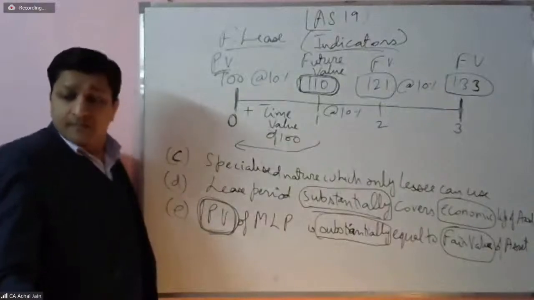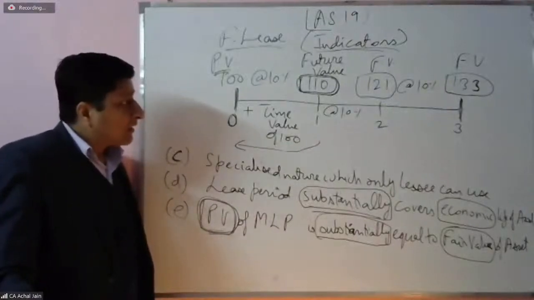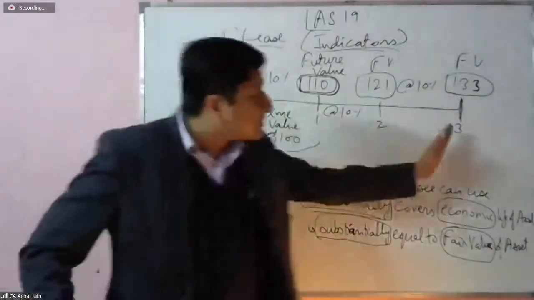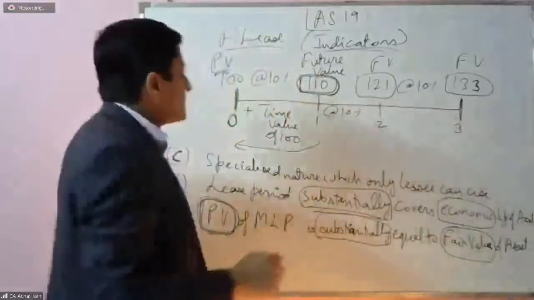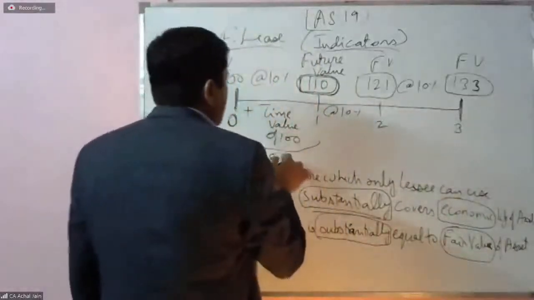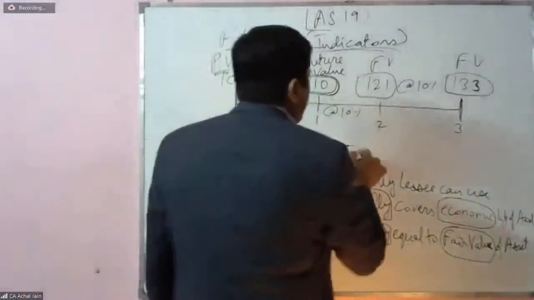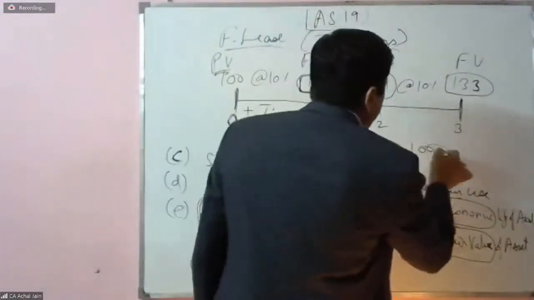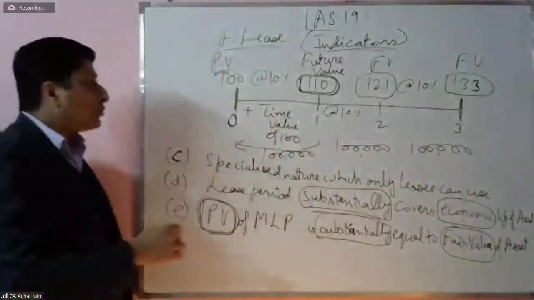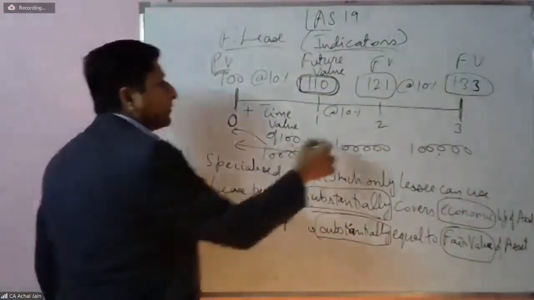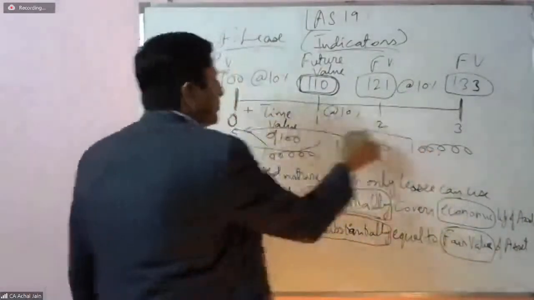Now, standard says over a period of 3 years, let's suppose if the arrangement says lessee will pay the rent, say in the first year, lessee will pay 1 lakh. In the second year, lessee will pay 1 lakh. In the third year, lessee will pay 1 lakh. So what do you need to do? Compute its present value.